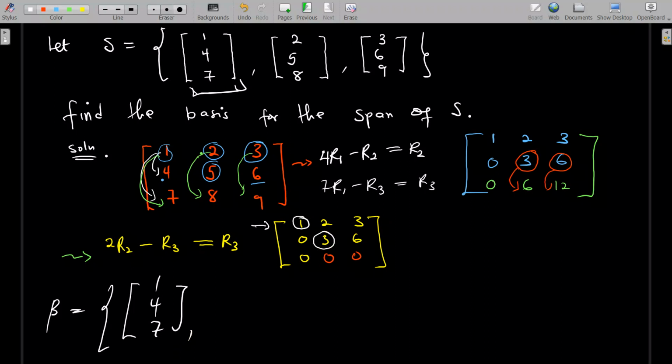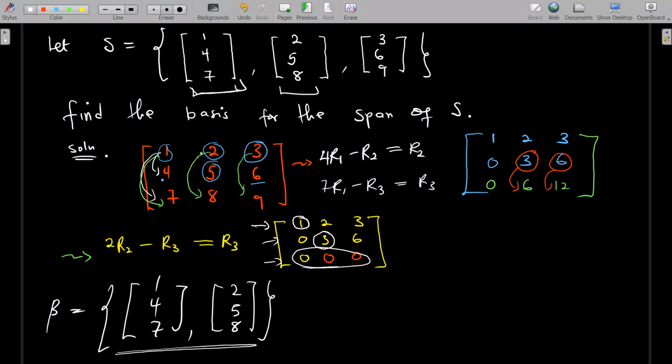And which vector did I place in that column? That is this vector, 2 5 8. And you come to row 3, there's no leading value, everything here is 0. So you close it, and this becomes the basis for this set S.